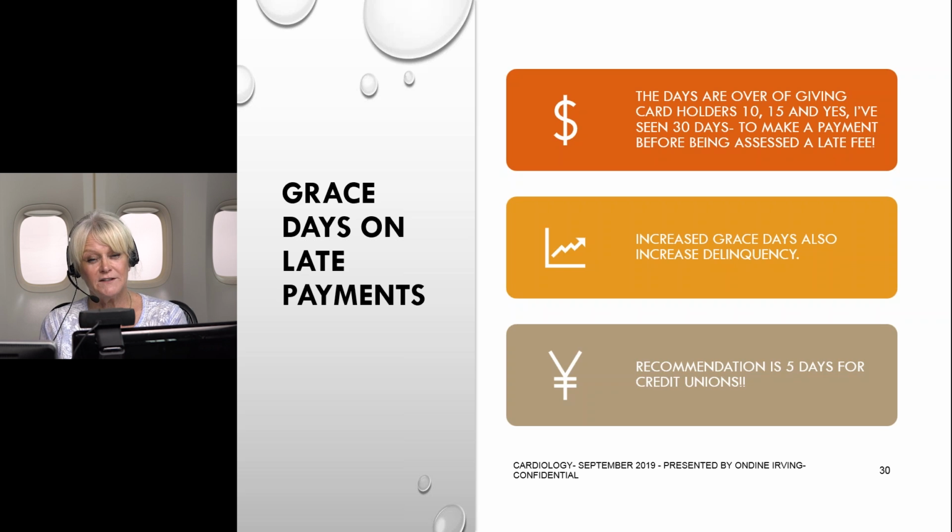I like 5 days, depending on your region and how much income you need. If you need to reduce it, reduce it. The more grace days you have for the late payment, the higher your delinquency will be. But I have worked with credit unions who have doubled and tripled their late fee income just by manipulating that one number of days before the late payment is assessed.